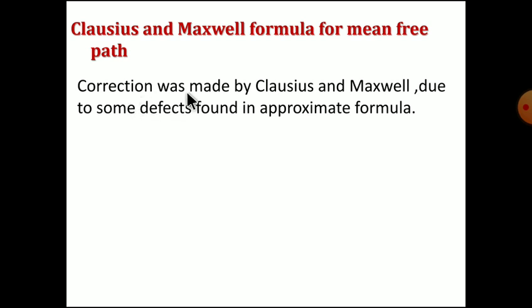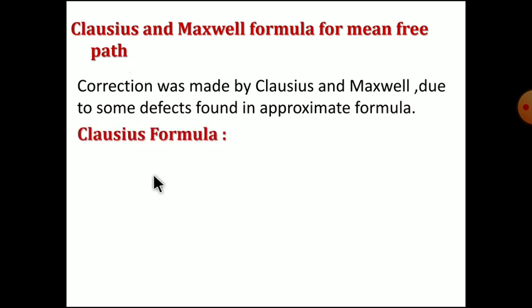Now, what are the corrections made by Clausius and Maxwell? The approximate formula is corrected because some defects were found in it. What is that defect? We saw earlier that for calculating the approximate formula, we assumed that all gas molecules are at rest and only one molecule is in motion. That concept is not correct according to Clausius.